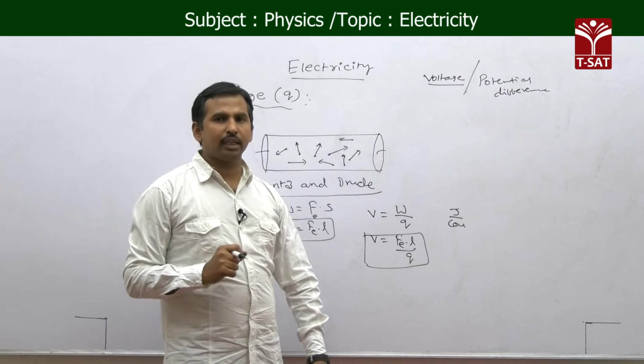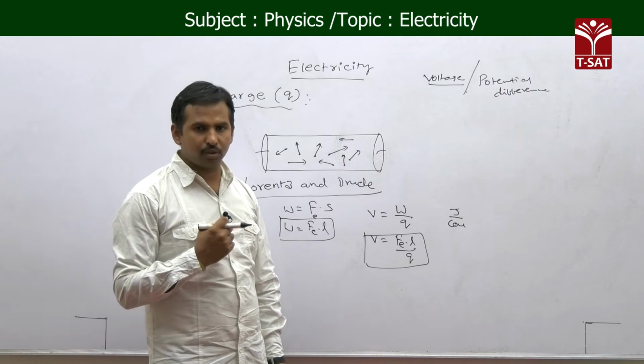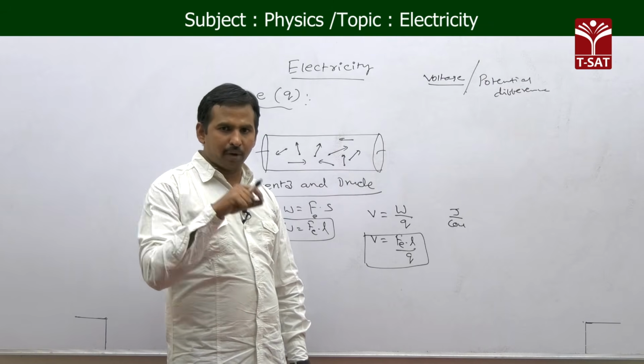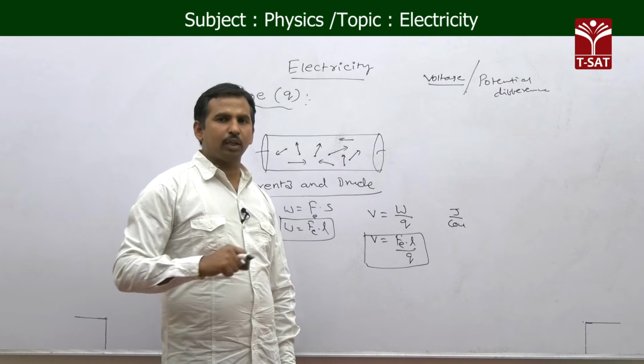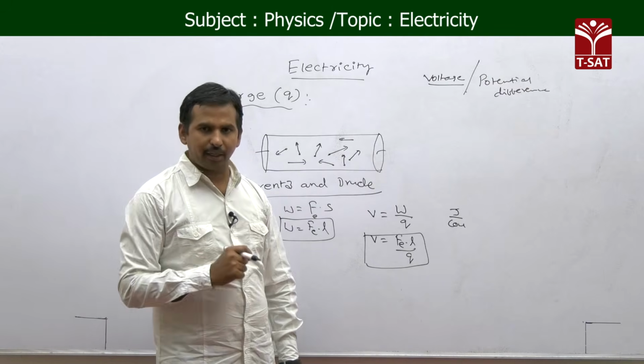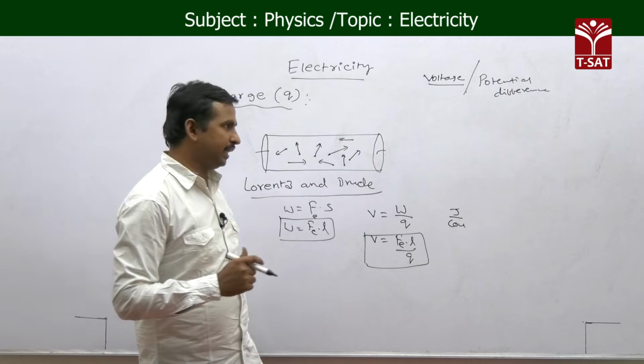That only we call voltage or potential difference. Have you understood now? The work done on the unit charge by the battery to move in one particular direction in the conductor when connected to a battery, that only we call potential difference or voltage.